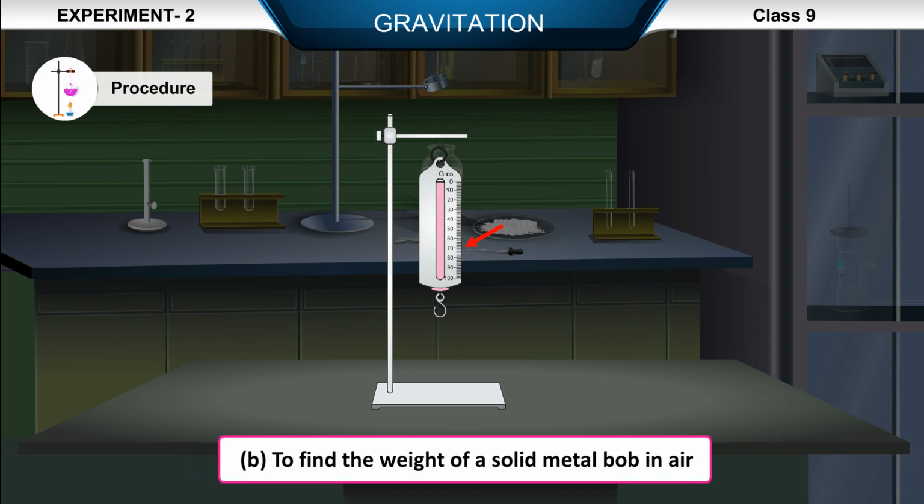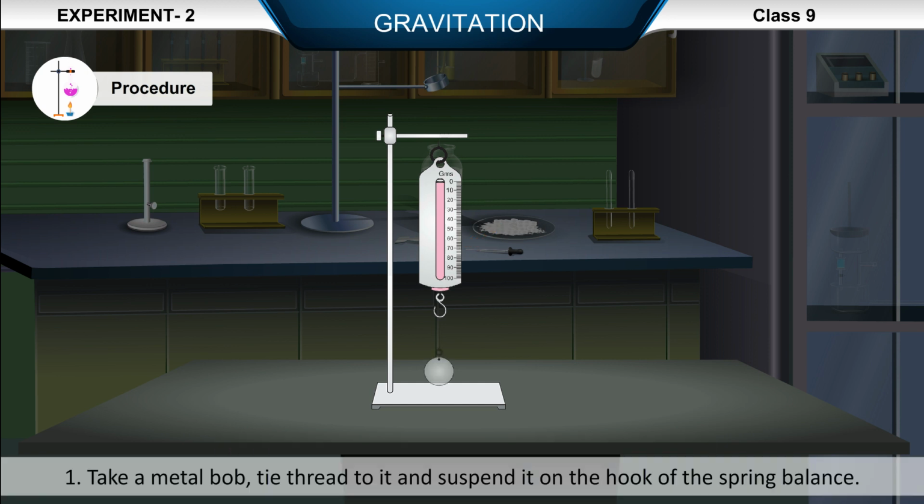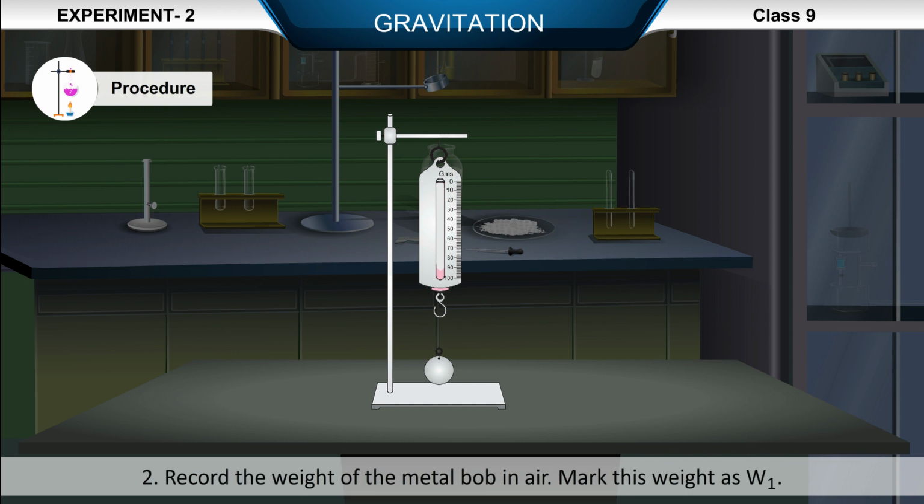B. To find the weight of a solid metal bob in air. 1. Take a metal bob, tie thread to it and suspend it on the hook of the spring balance. 2. Record the weight of the metal bob in air. Mark this weight as W1.